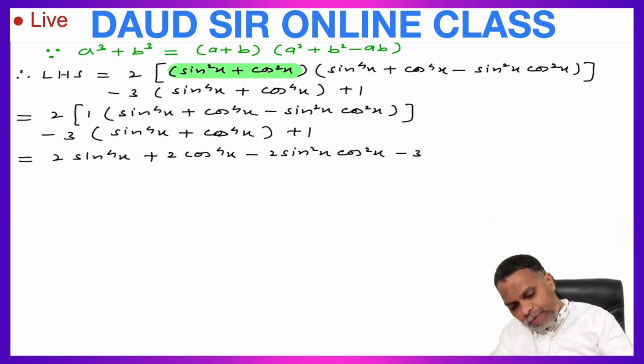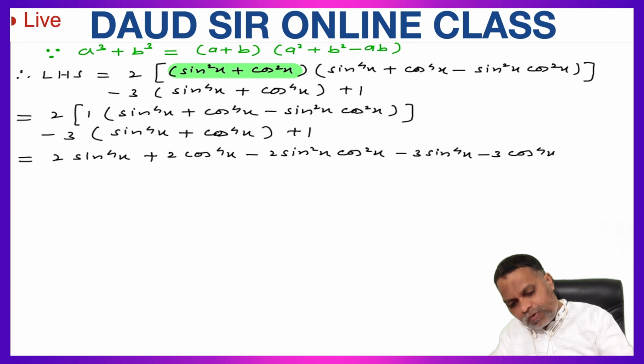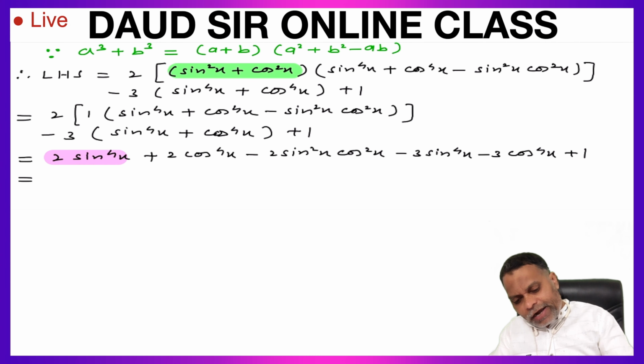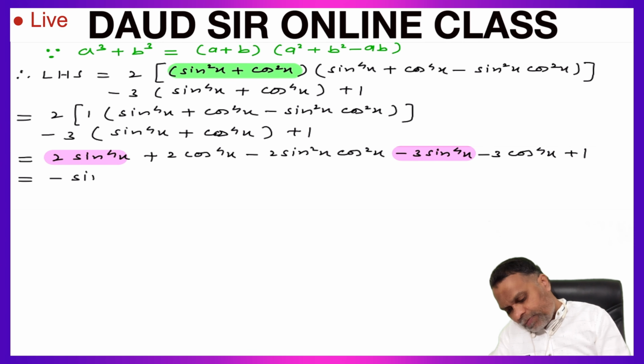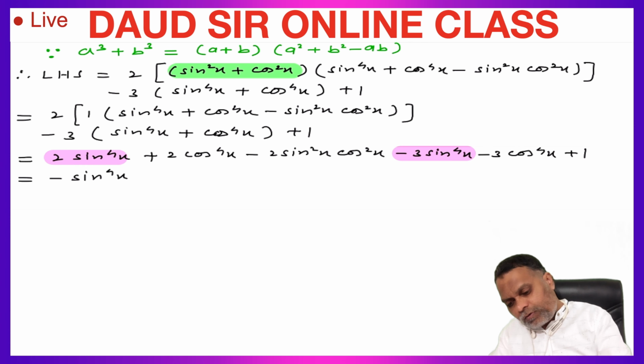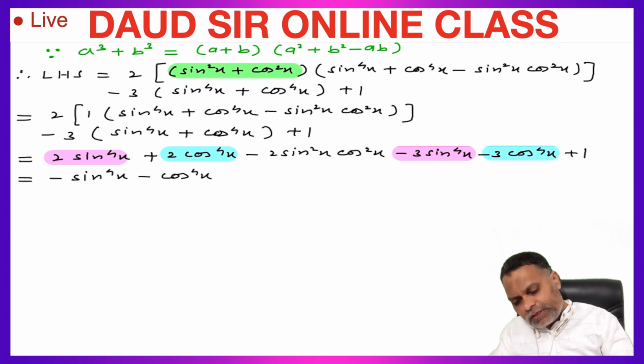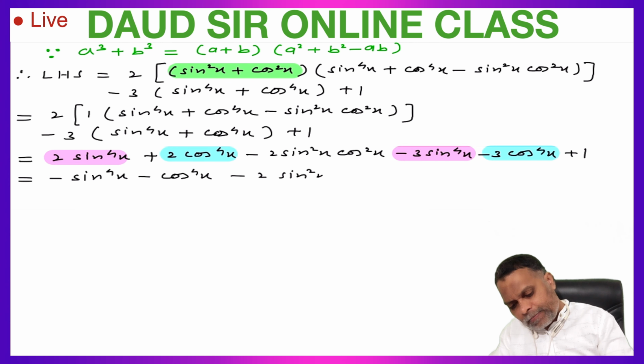So minus 3 sine raised to the power 4x minus 3 cos raised to the power 4x and this plus 1 as it is, which is equal to 2 sine raised to the power 4x and minus 3 sine raised to the power 4x minus sine raised to the power 4x. 2 cos raised to the power 4x and minus 3 cos raised to the power 4x minus cos raised to the power 4x and this minus 2 sine square x into cos square x plus 1.